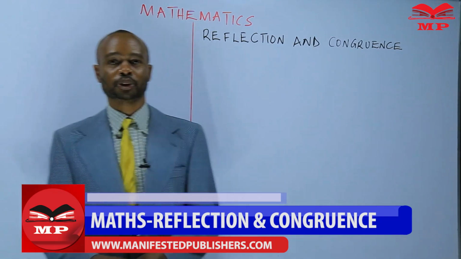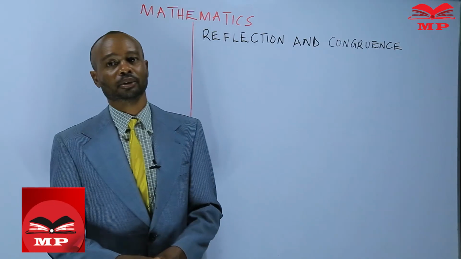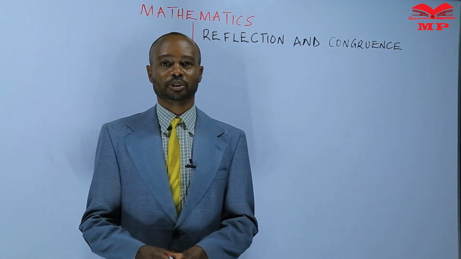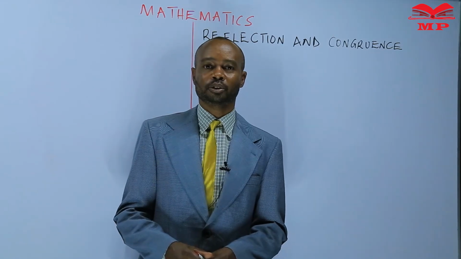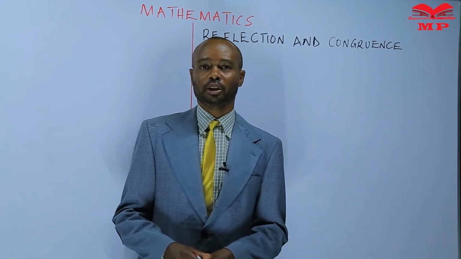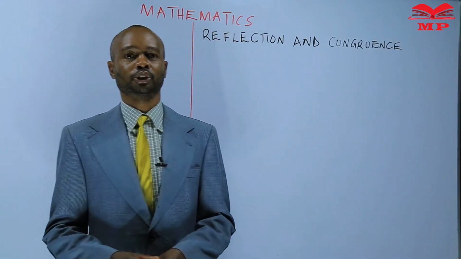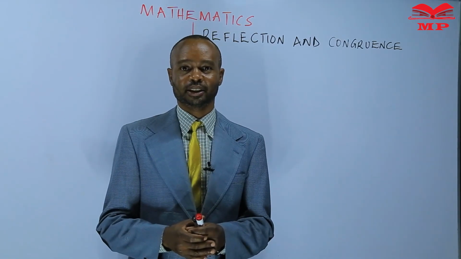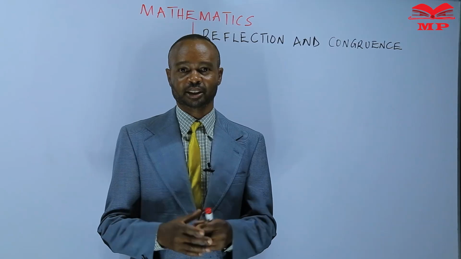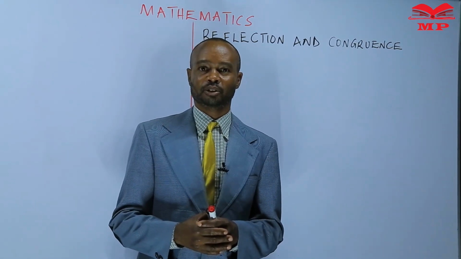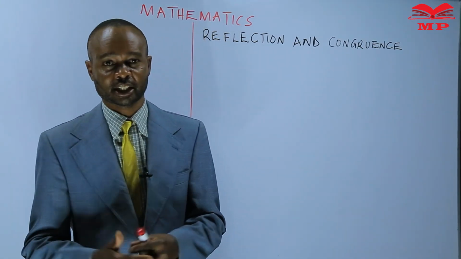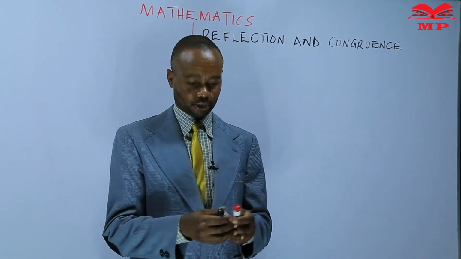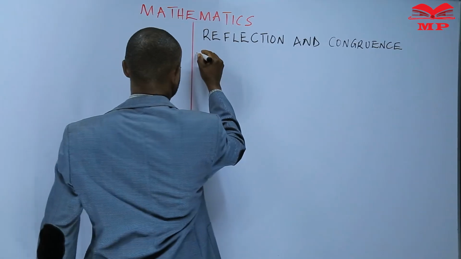We are going to proceed with our topic on reflection and congruence. In today's lesson, we are going to go through geometrical deductions using reflection. We shall look at reflection in a point and vertically opposite angles.